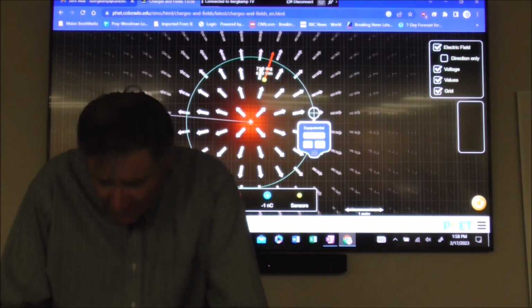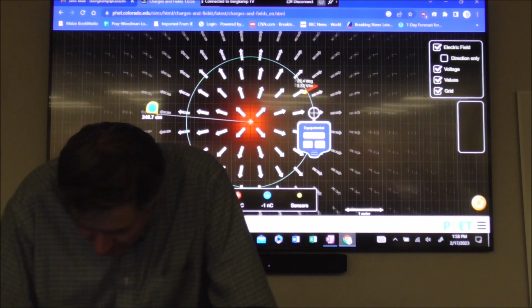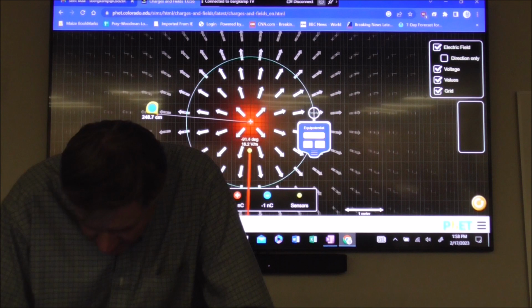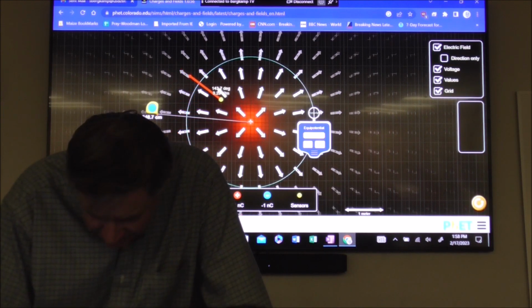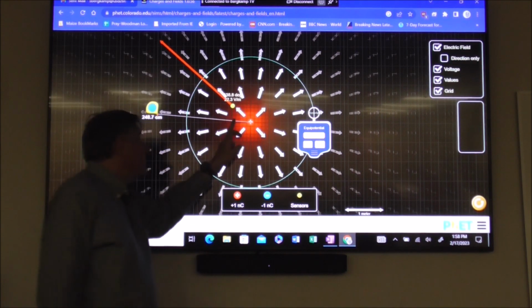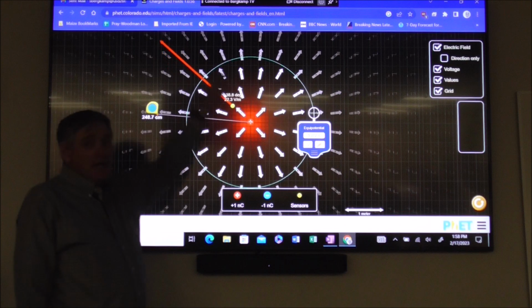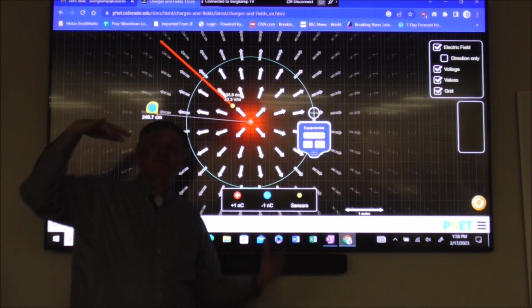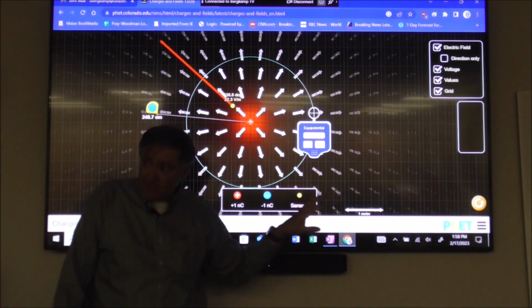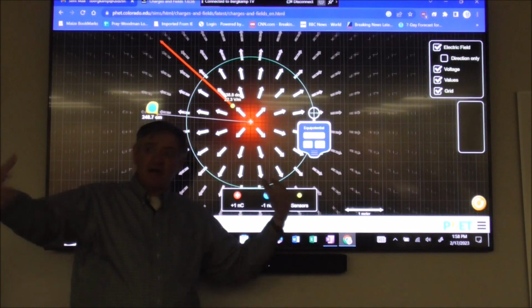If you move that sensor around, you're down in here to negative degrees, positive degrees. And notice that if you bring that sensor closer, that line gets bigger, because as you get closer, there's more volts per meter. That's why that line becomes bigger.